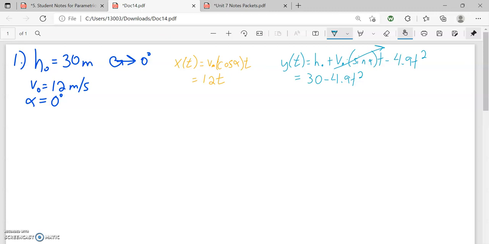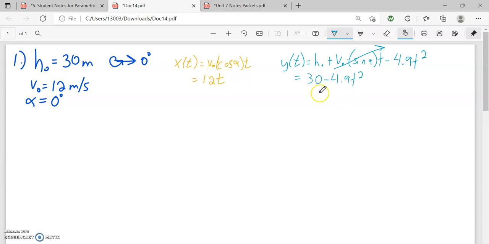We've plugged in the variables we know, and what we're left with is we know that at any given time, after 1 second, let's say, horizontally, this football has traveled 12 meters because the speed is 12 meters per second. After 2 seconds, I'm 24 meters. So in the x direction, that's pretty straightforward.